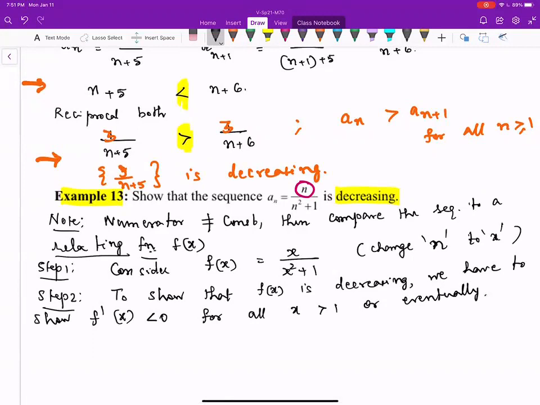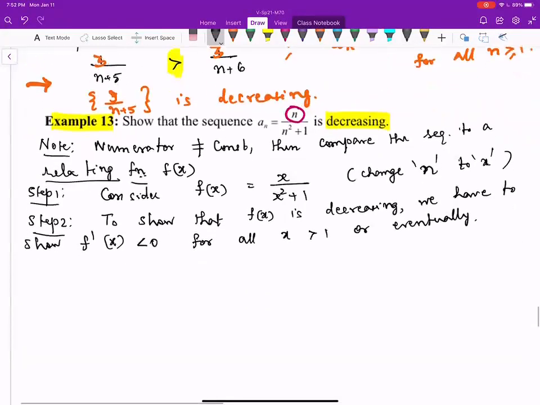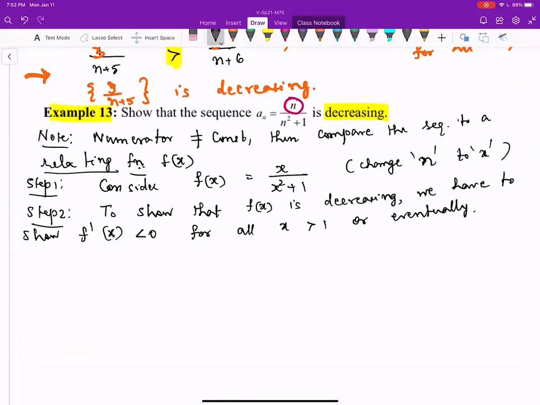So even if it is not from 1, but if it eventually decreases, it's okay to say still the sequence is decreasing. So we are going to consider the derivative test. So apply the first derivative test, or increasing, decreasing test that you did in chapter 4.